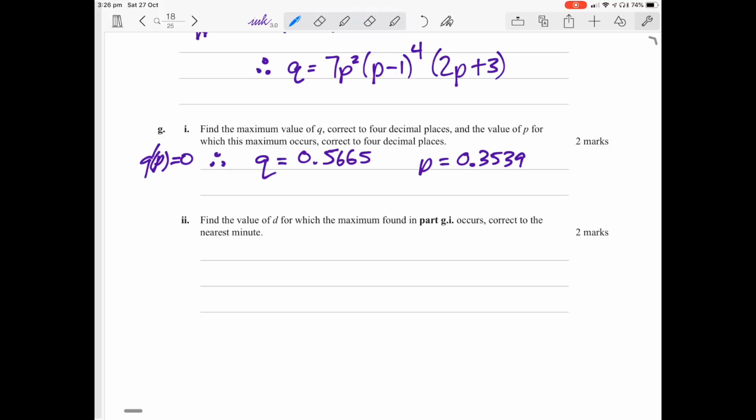Find the value of D for which the maximum found in part G2 occurs.